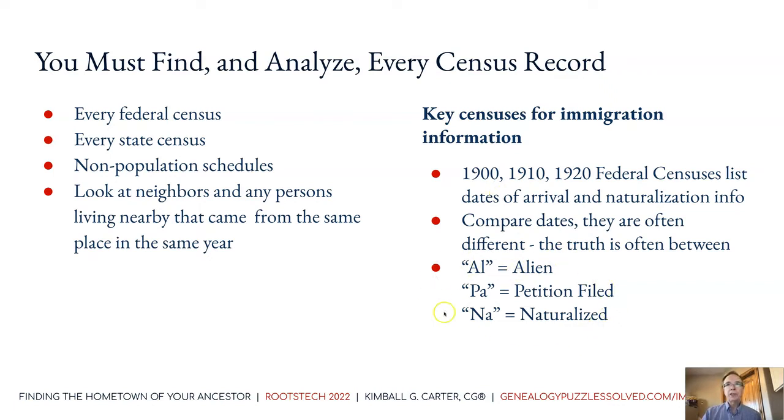If you see the column for naturalization, AL stands for alien, PA for petition filed, and NA for naturalized. So if they had filed their petition, they have PA. If they weren't naturalized and were from a foreign country, they were alien. And NA meant they had completed the naturalization process.